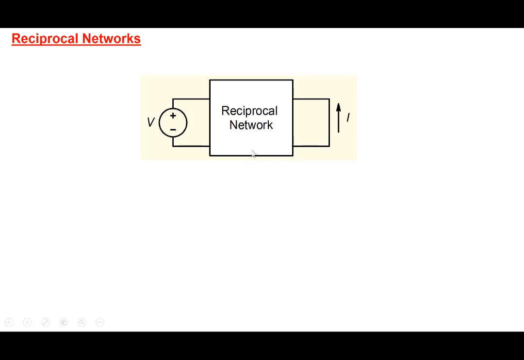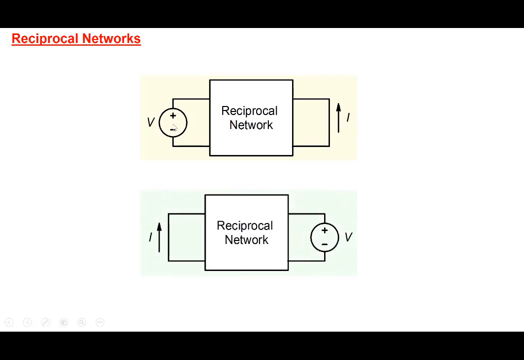So we have a 2-port network, and reciprocal in the sense that, suppose I apply a voltage here at the input, and I short the output terminals, and let's say I measure a current I. It is reciprocal in the sense that now if I exchange the configuration, if I apply voltage at the output here, and I short the input, I will measure the same current. Right?